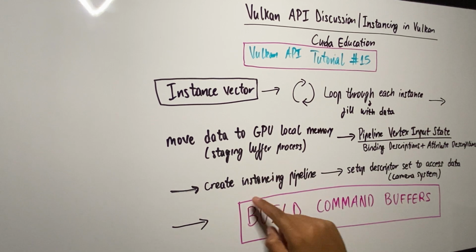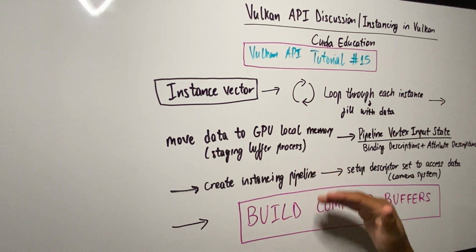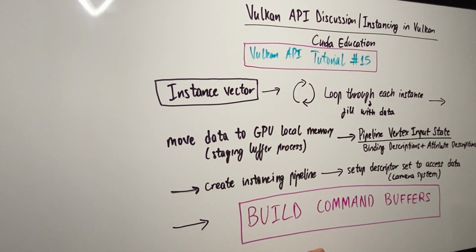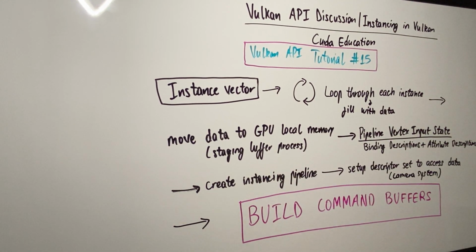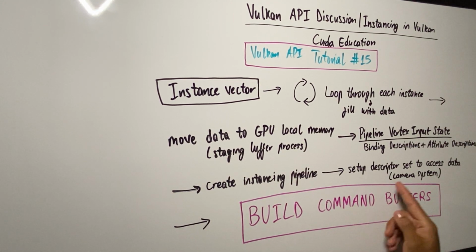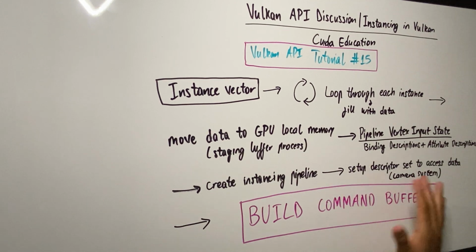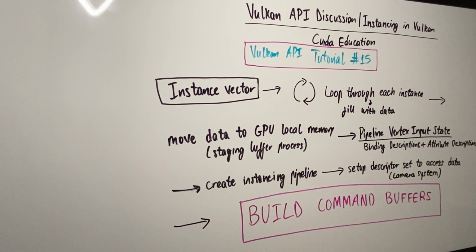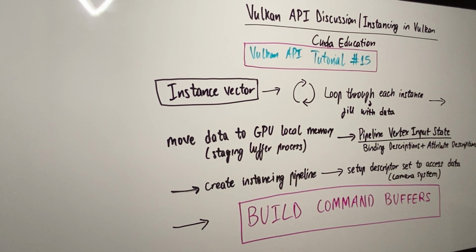You have to create the instancing pipeline. So remember, there are three pipelines. There's a Starfield pipeline, the Planet pipeline, and then the instancing pipeline, which has the rocks. So we create the instancing pipeline. We also set up the descriptor set to access data and also process the camera system, UBO stuff. And then we build command buffers.